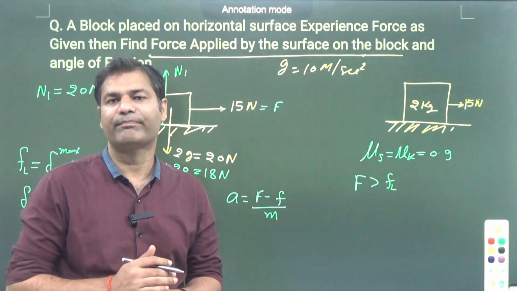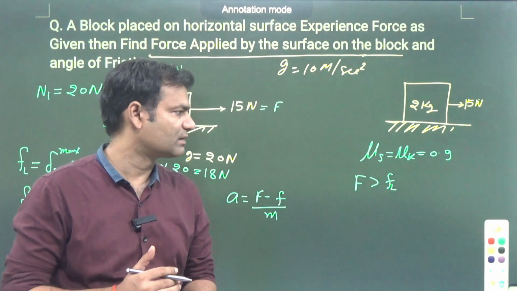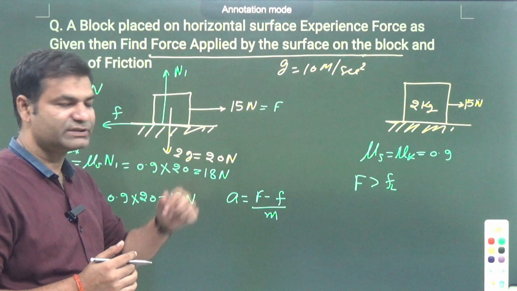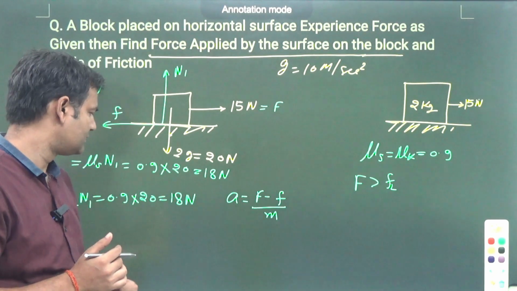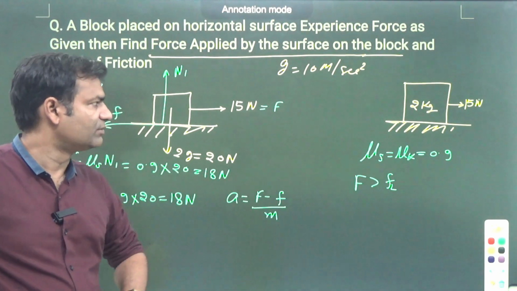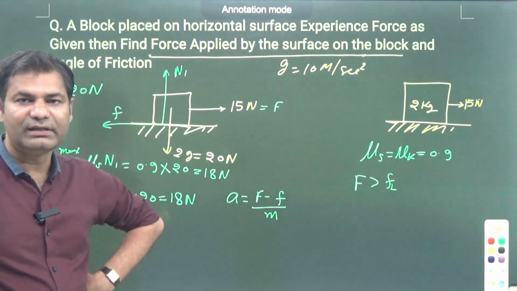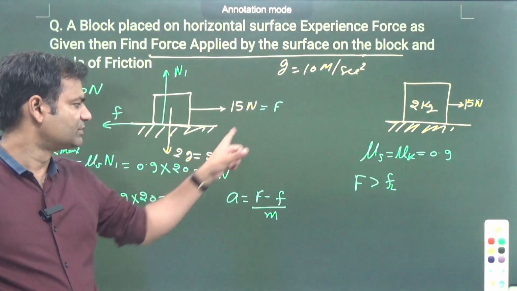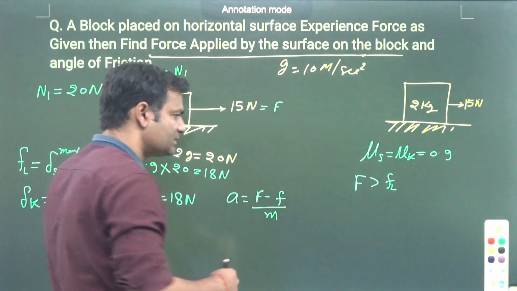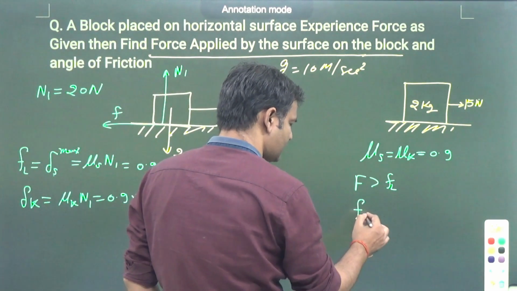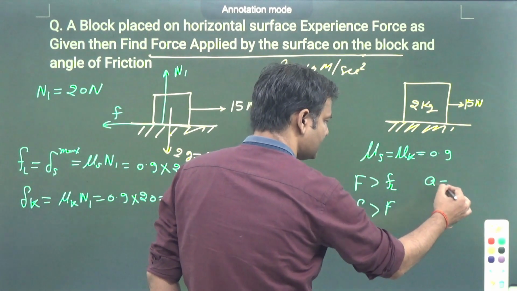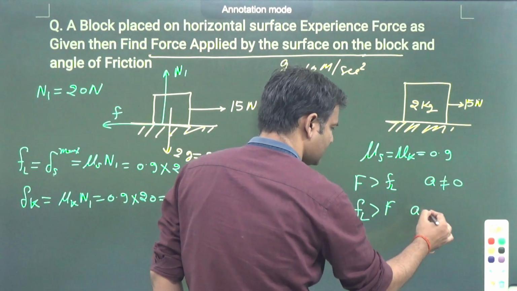Here the applied force is 15 Newton, and the frictional force is 18 Newton. Is the applied force greater? No. The limiting friction FL is greater than capital F, so A is 0.